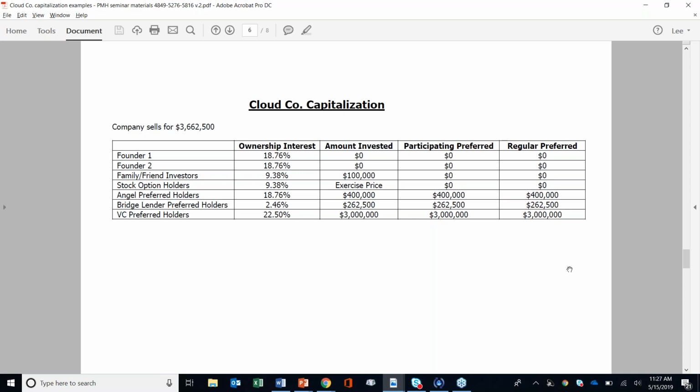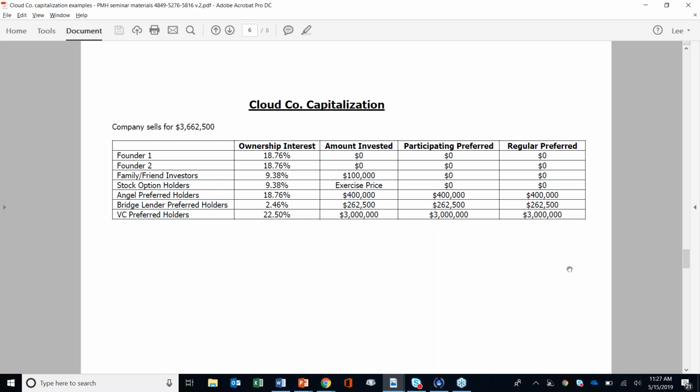If we liquidated and got nothing for the company, all was lost. I haven't shown that scenario, but nobody would get any money. It would be zero for everybody. But what I wanted to show you was just the basic effect of what happens if we sell the company for basically the amount of money that came in from the preferred holders.